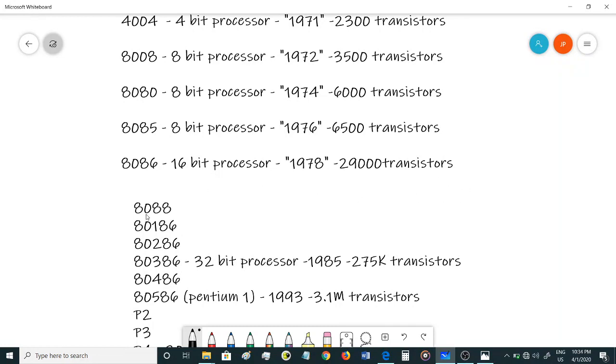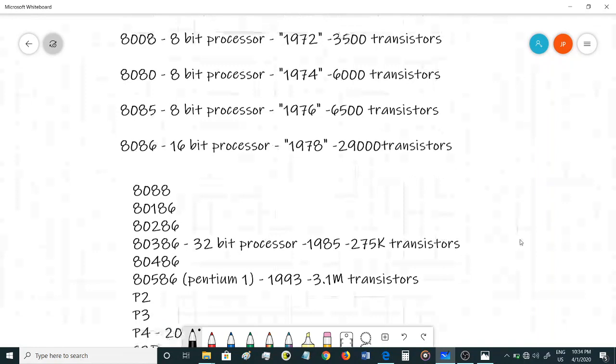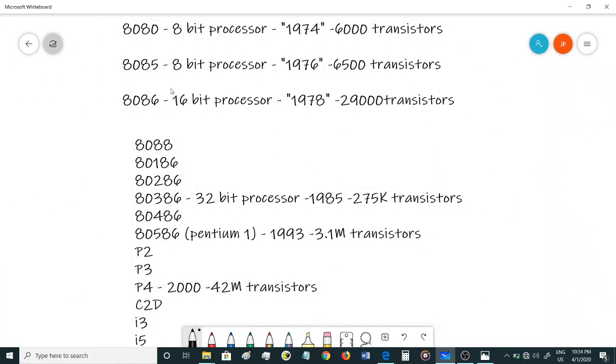Then came the 8088, 80186, 80286. Then came the 80386, which was a 32-bit processor. The jump from a 16-bit processor to a 32-bit processor happened in the 80386 in 1985. It had around 275,000 transistors.